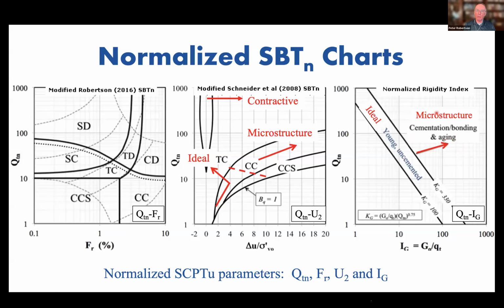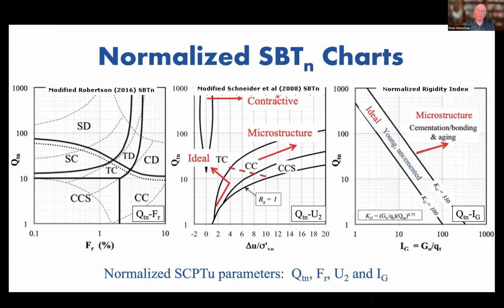And if it falls outside of that range, that's when we talk about the soil having microstructure. So it's either cementation or bonding or aging. Those are the primary things that cause microstructure, but unusual mineralogy can cause it too. And so if the soil has microstructure, then some of the correlations might not work quite so well. So that was a new addition, to say it's important to identify microstructure.